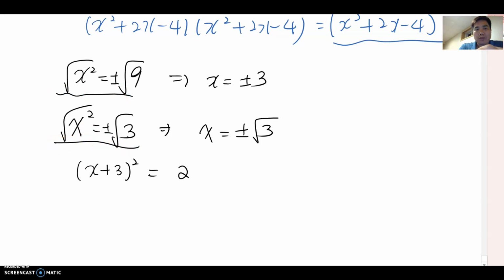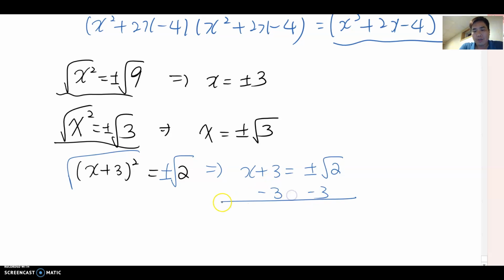Therefore, we still take the square root on both sides, and don't forget plus and minus on the other side. Then this becomes x plus 3 equal to plus and minus square root 2. And now isolate the x term alone, so subtract 3. Then you will get x equal to negative 3 plus and minus square root 2.